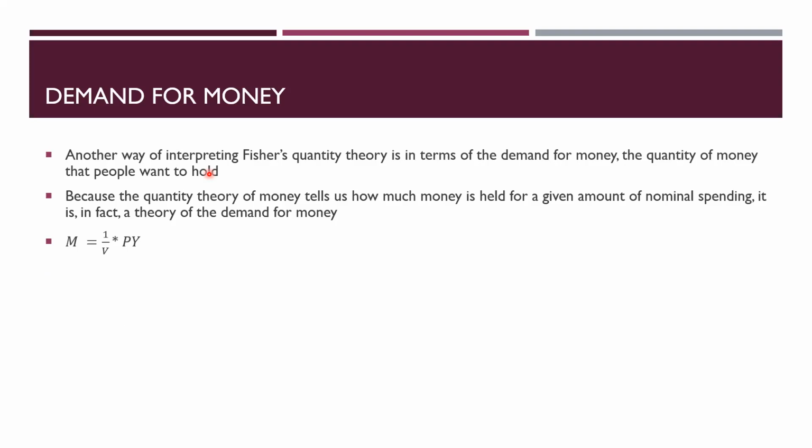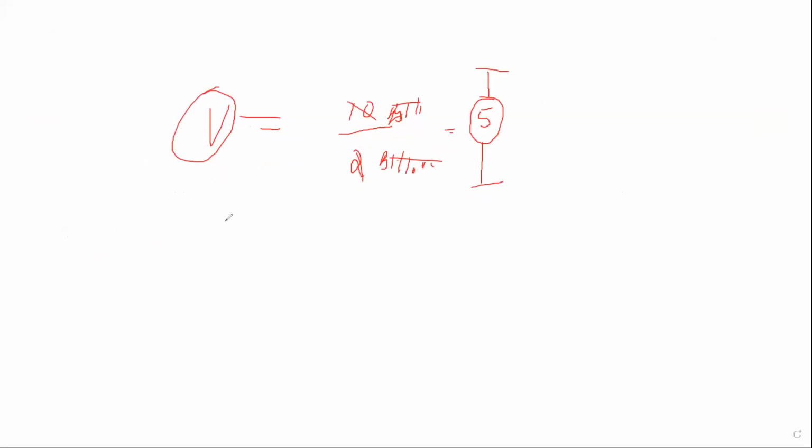Why? Because if we reformulate this, you can see that we can have M being equal to 1 over V multiplied by PY. Let's have some mathematical manipulations, but I know you are very conversant with this. So we have MV being equal to PY, but we can divide both sides by V, which means M will be equal to 1 over V multiplied by PY.